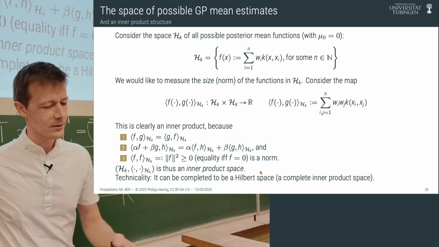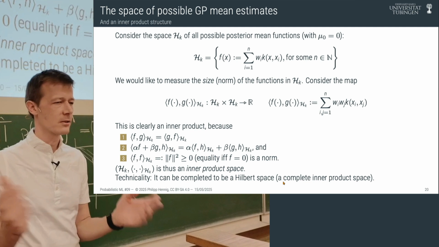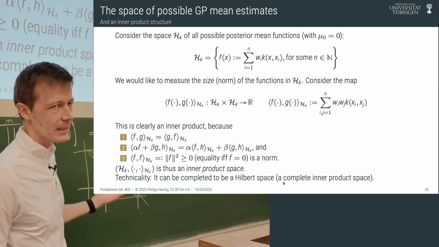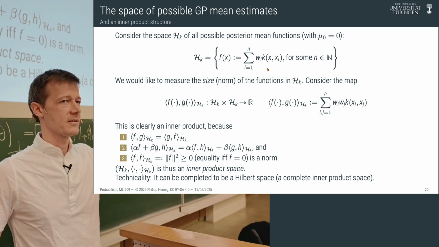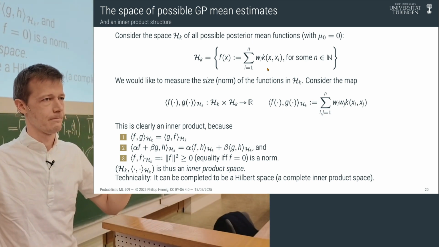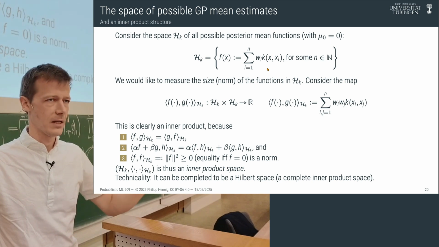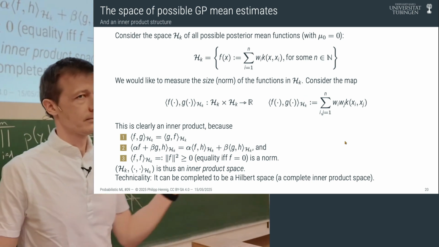It's always possible. And then you can do that, and there's a unique way of doing the closure of these completions. And then that space is called a Hilbert space. So the space of posterior mean functions of a Gaussian process is a Hilbert space. So if you've heard that word before, now you have some connection. And that's also why it's called H, for David Hilbert.